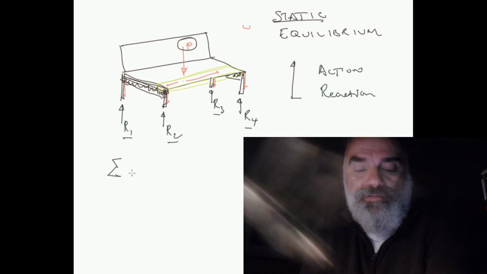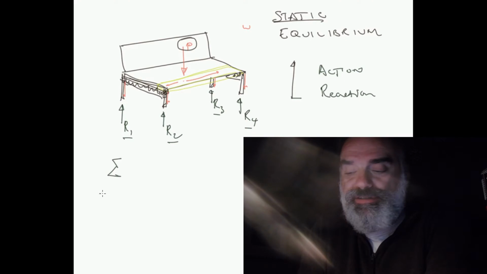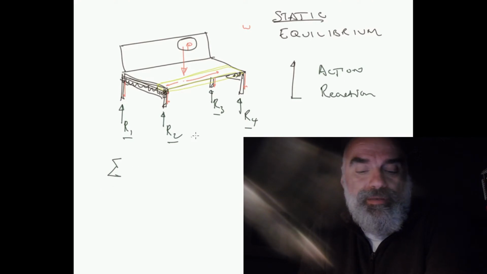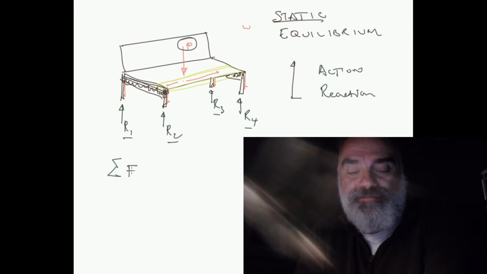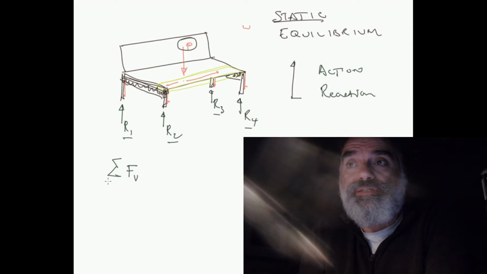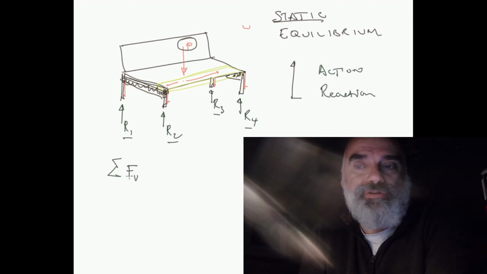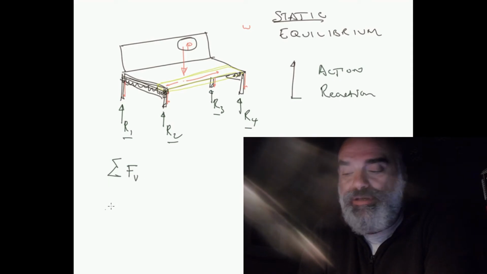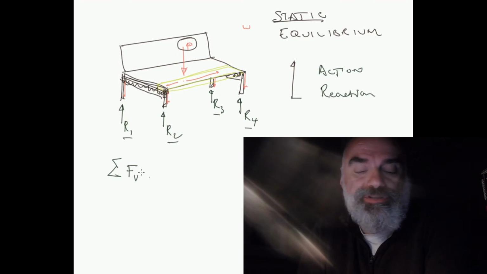So the sum of all our actions, and we'll call them forces, we'll just give them the title F in the vertical direction. So we'll call those FV. And we're just choosing this convention for referring to these variables. So the sum of all the forces in the vertical direction has got to add up to 0.